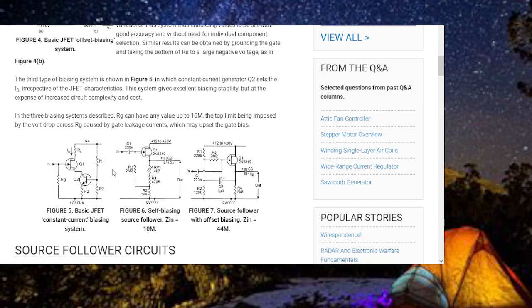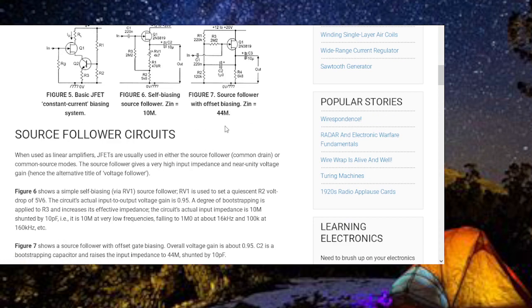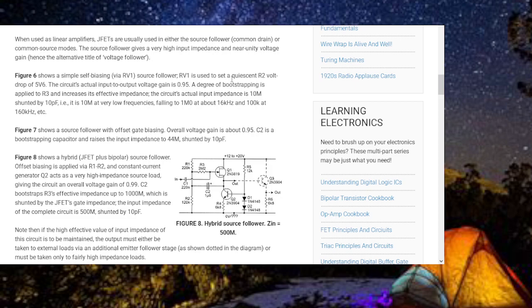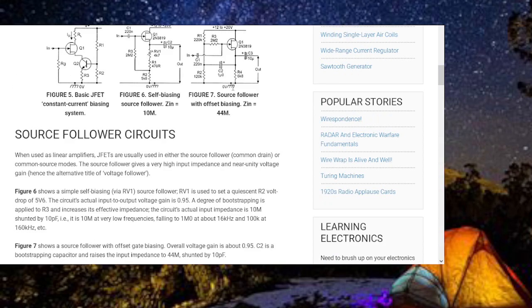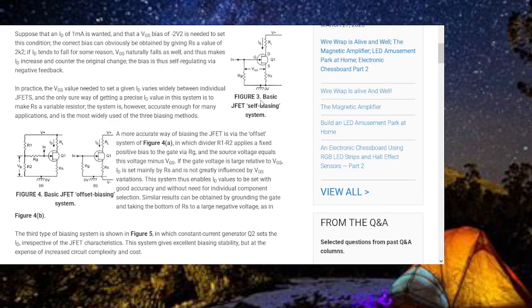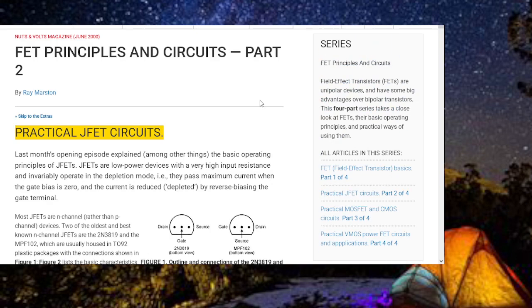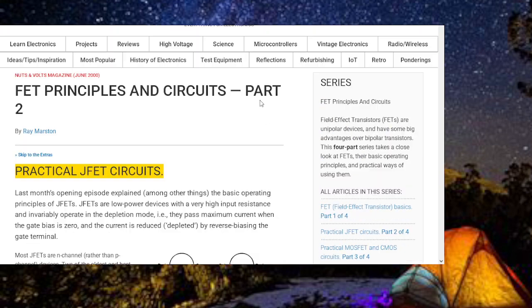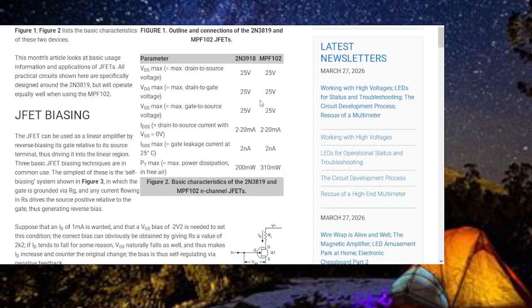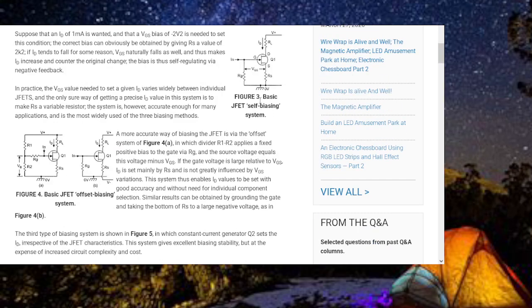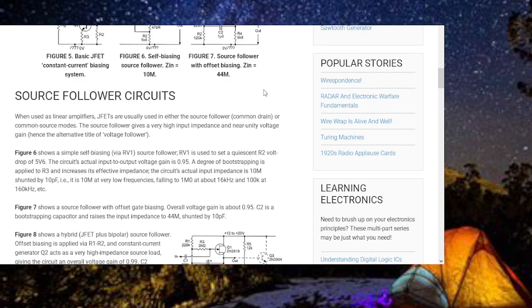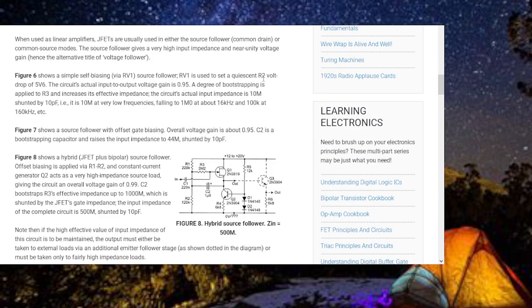Self-biasing source follower. 3819? The fuck? I want 2819. Maybe. I mean, maybe. MPF102s. I got those too. I think they wrote the number wrong. That's supposed to be a 2819.